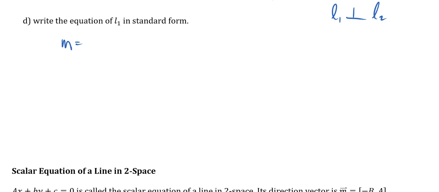My 2 points were 7, 19 and 10, 24. So y2 minus y1, that's 24 minus 19 over 10 minus 7. So my slope is 5 over 3, and I pick one of those points.